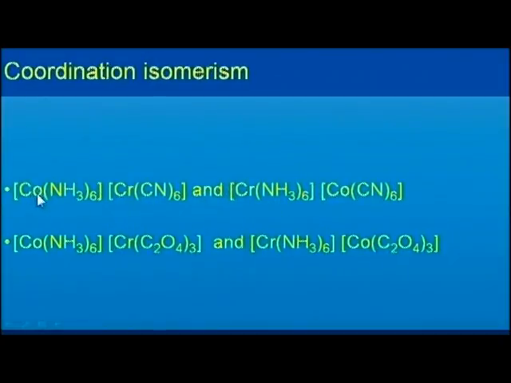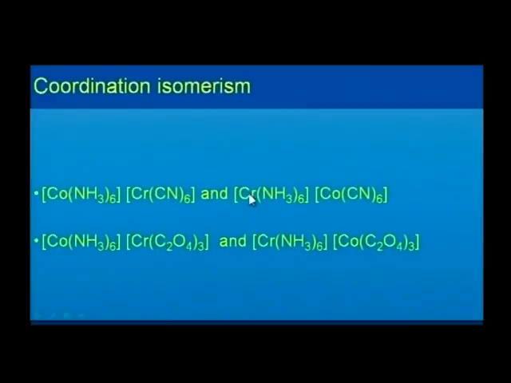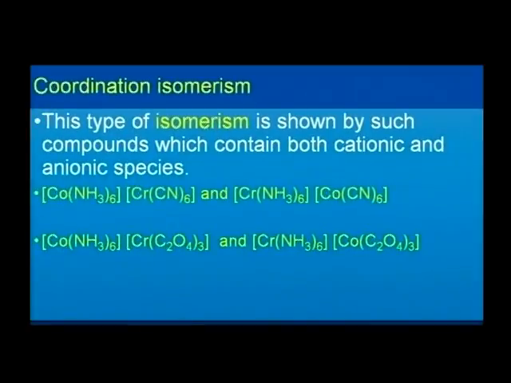Here observe, friends, cobalt is bonded with amines and chromium is bonded with cyanides, whereas here chromium is bonded with amines and cobalt is bonded with cyanides. Due to the replacement or arrangement of ligands, this coordination isomerism arises, and it is shown by compounds which contain both cationic and anionic spheres and the exchange of ligands takes place.